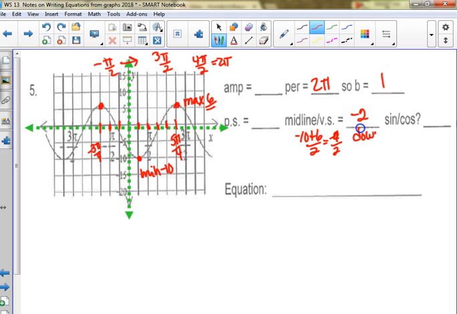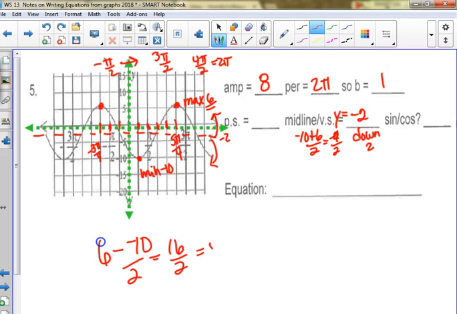So it's down to negative 2, which makes how far above negative 2 is 6? Negative 2 up to 6 is 8 units, and negative 2 down to negative 10 is also 8 units, yes? Or you can do the maximum minus the minimum divided by 2, right? That's the amplitude. Okay.